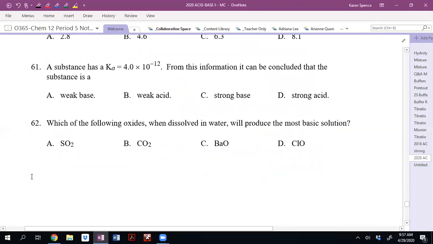62. Of the following oxides, which will produce the most basic solution? So what do we know about oxides? Metal oxides are basic, and non-metal oxides are acidic.